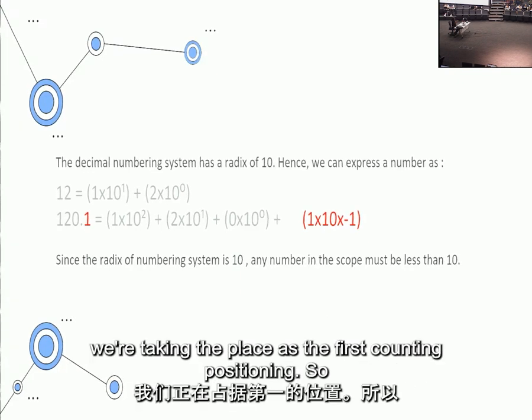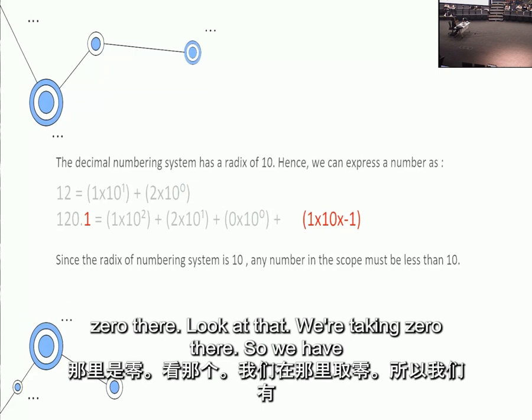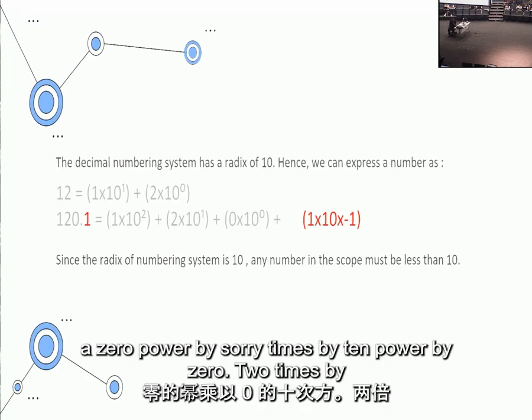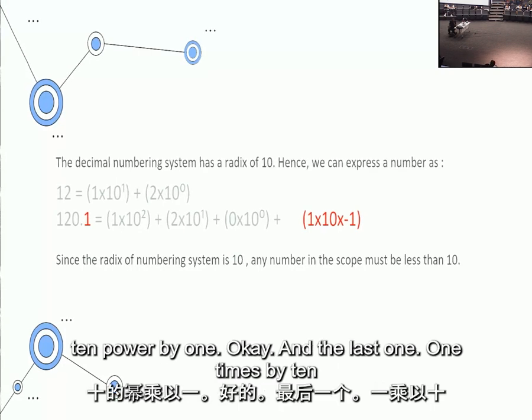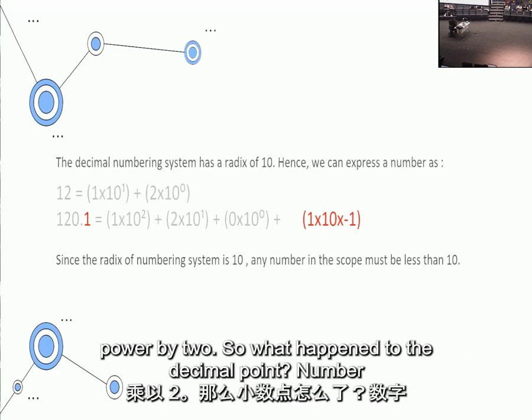That 0 takes the place of the first counting position. So we have a 0 times 10 power 0, 2 times 10 power 1, and the last 1 times 10 power 2.